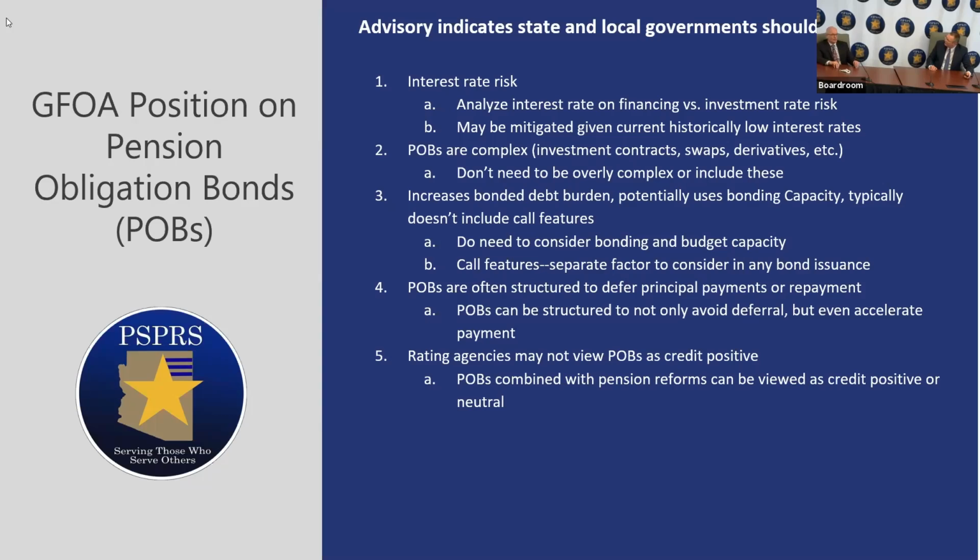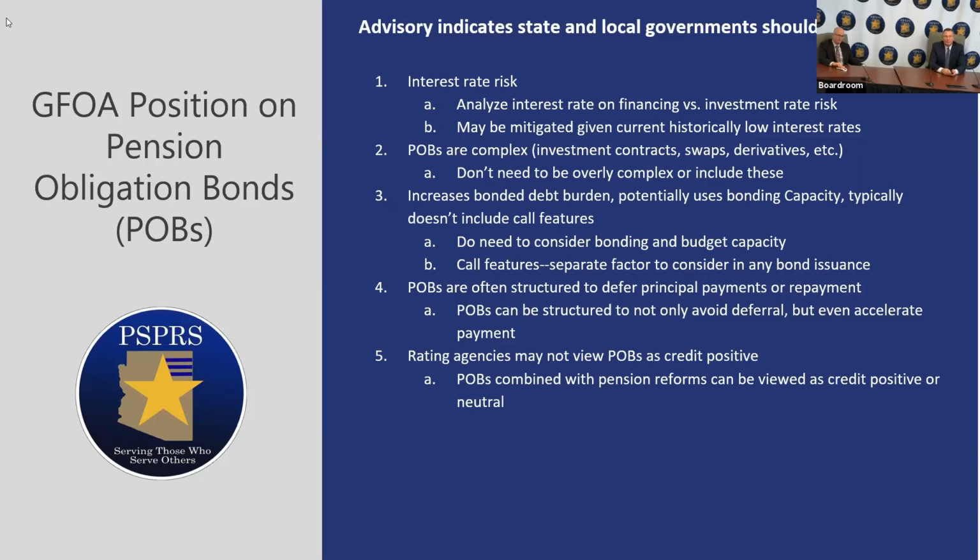There are a lot of examples of communities that issued a lot of debt for infrastructure that got themselves in trouble. So it's not just pension obligations. It's really looking at all the different variables and what's the right decision for your community. Right. And none of us have crystal balls, but we need to make the best informed decisions that we can to mitigate that risk.